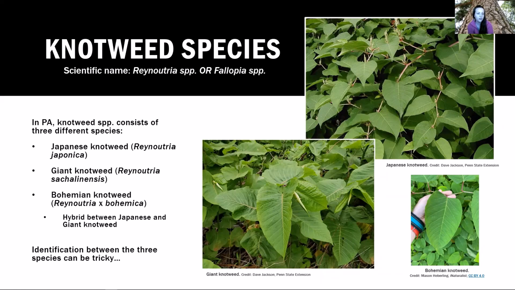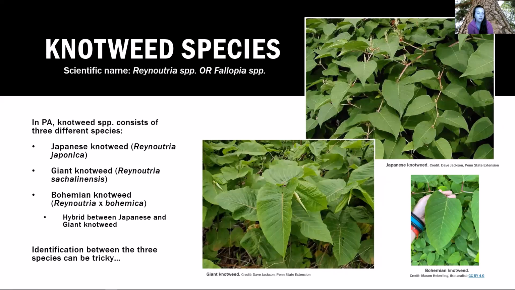And identification between these 3 can be pretty tricky. So just some things to keep in mind. The Japanese knotweed leaves will be, in comparison to the giant knotweed and the Bohemian, a little bit smaller. The base of the leaf will also be squared. If you're looking at the giant knotweed leaves and the Bohemian knotweed, those leaves can be up to 1 foot long. So they can be very big.